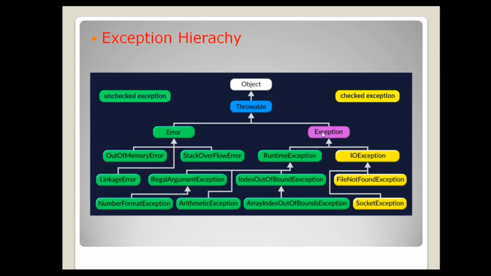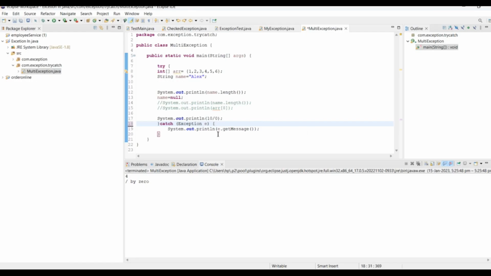So we can write only one catch block if you don't want to differentiate in the error message. But if you want to print a different message, or do something else with different types of exception, then you need to write multiple catch blocks.